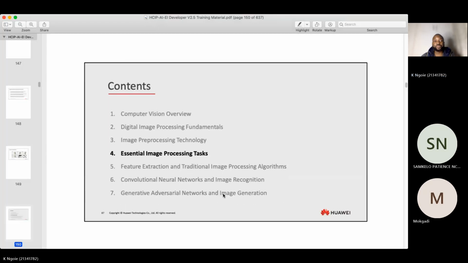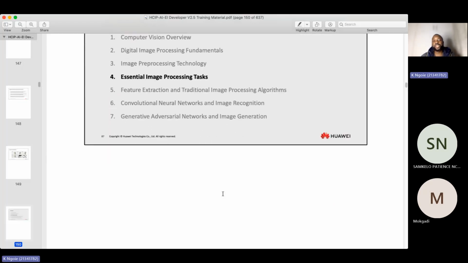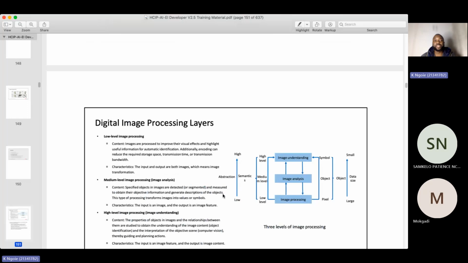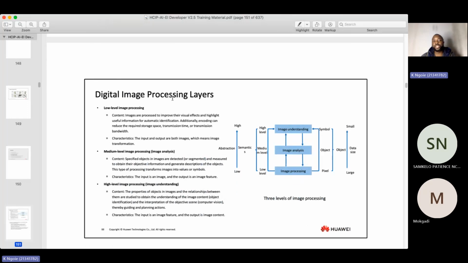All right. So, some essential image processing tasks that we will need. We have digital image processing layers, which means we have low-level image processing, where the images are processed to improve the visual effect and highlight useful information and automatic identification.